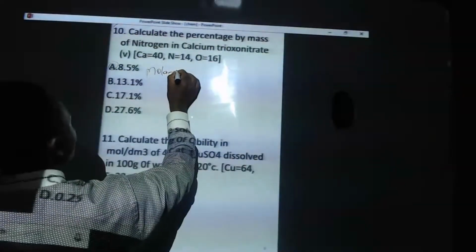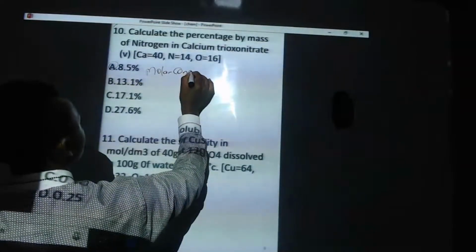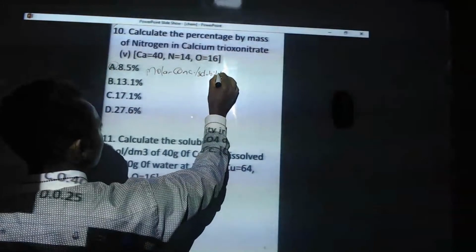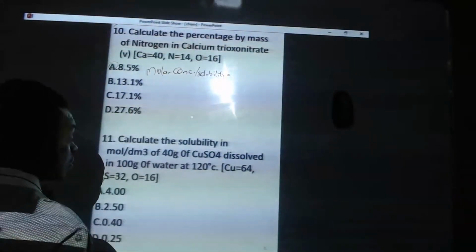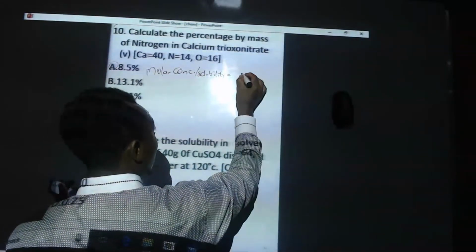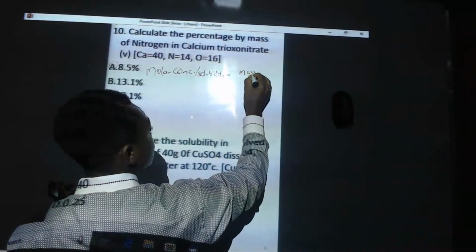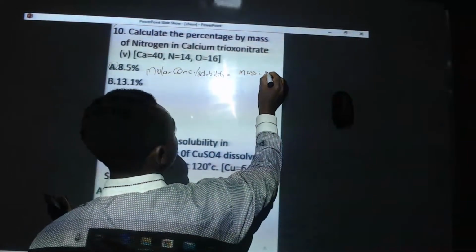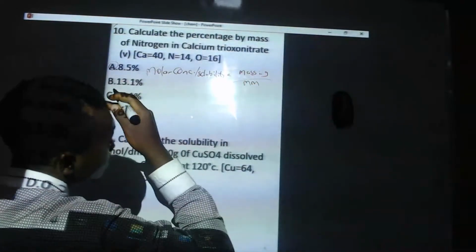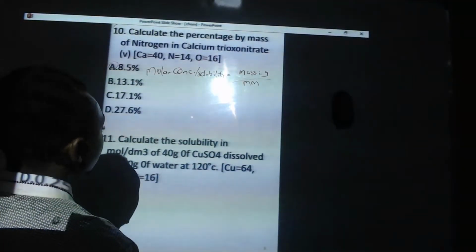Now, once you come across something like solubility, you can use your mass in grams or molar mass, and then you can use it to solve it.